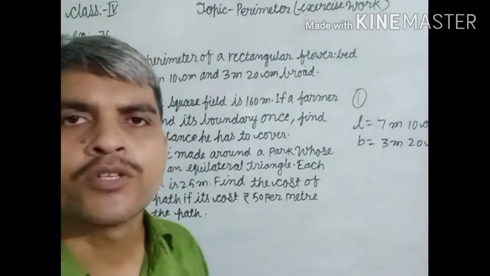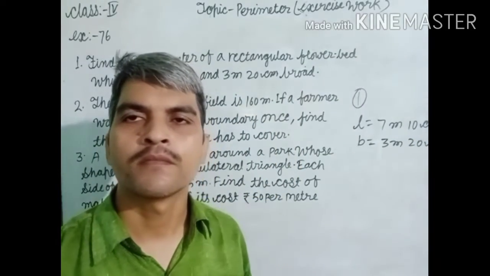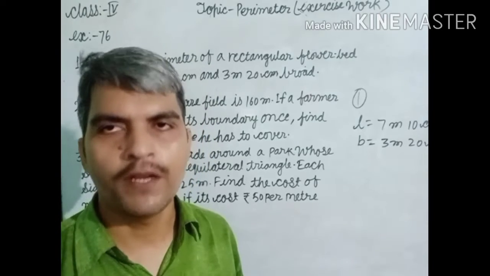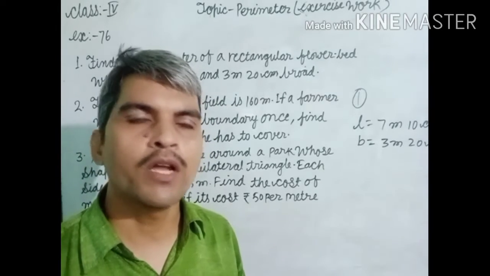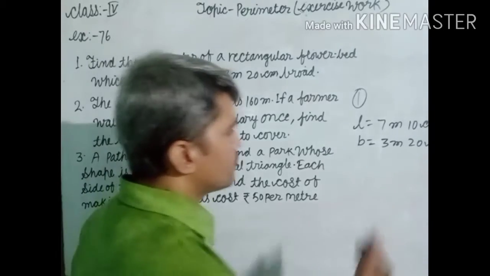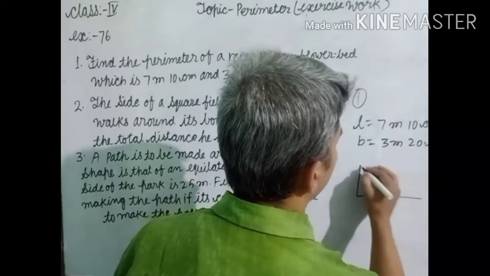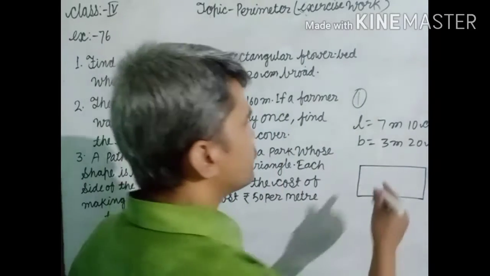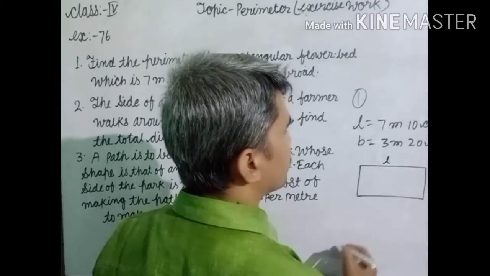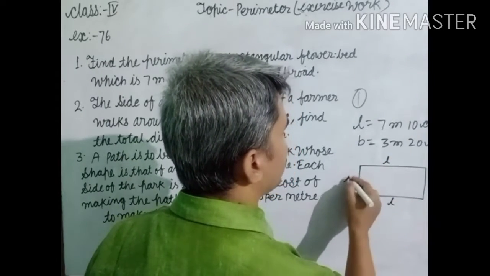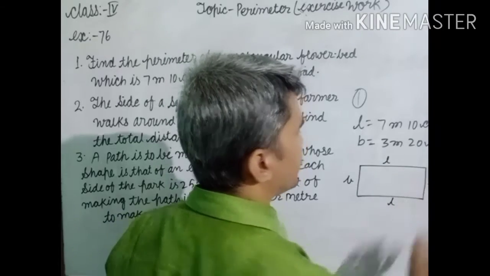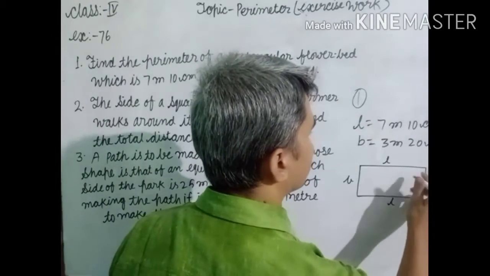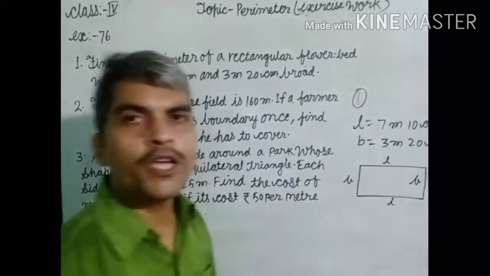Dear students, do you know the formula of a rectangular field, the perimeter of a rectangular field? First of all, you see here how to find the formula. This is the length and also this is length, and this is breadth and this is breadth. I hope that all the students know that. Okay.